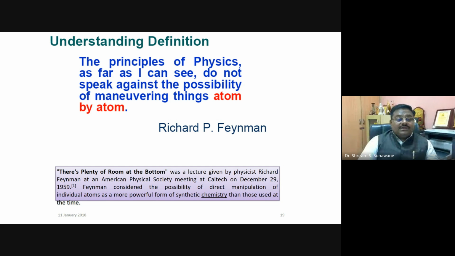It means moving and maneuvering atoms manually, tackling them as we need, and building is really possible, because we can see atoms and molecules. Next slide.